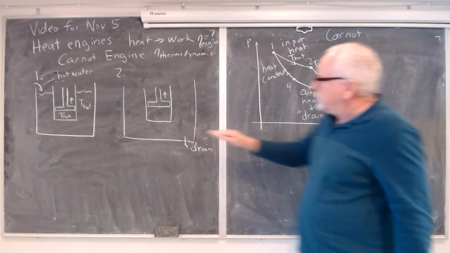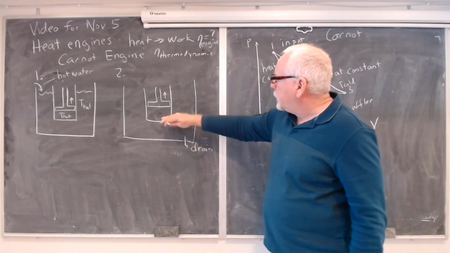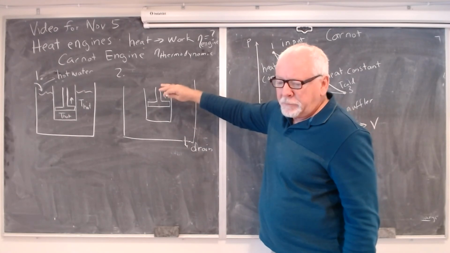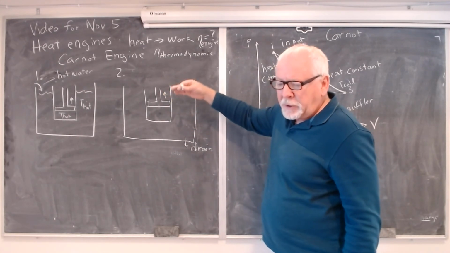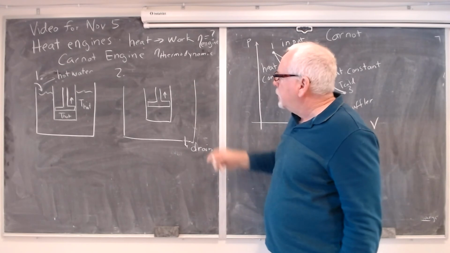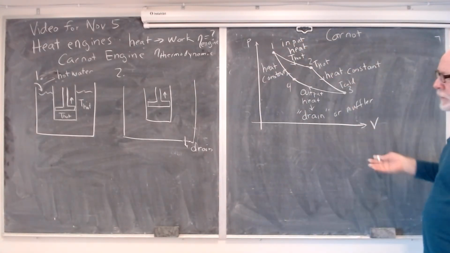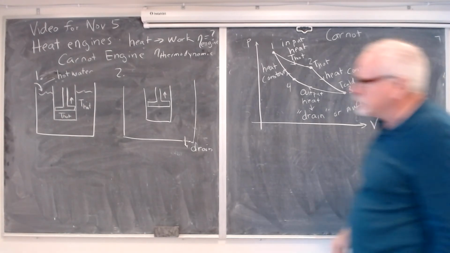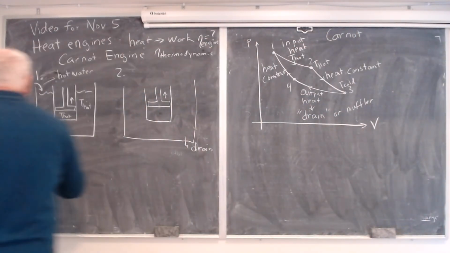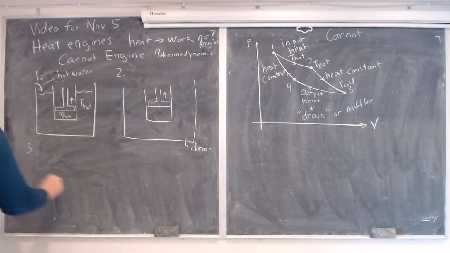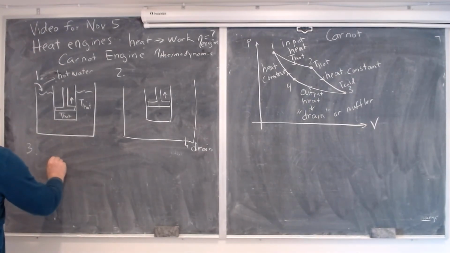Very simple: from step 2 to 3, the gas is expanding, free running without any heat in or out, and so the temperature has to go down, because the temperature of expanding gas goes down. Then at step 3, let's redraw our piston and cylinder again.